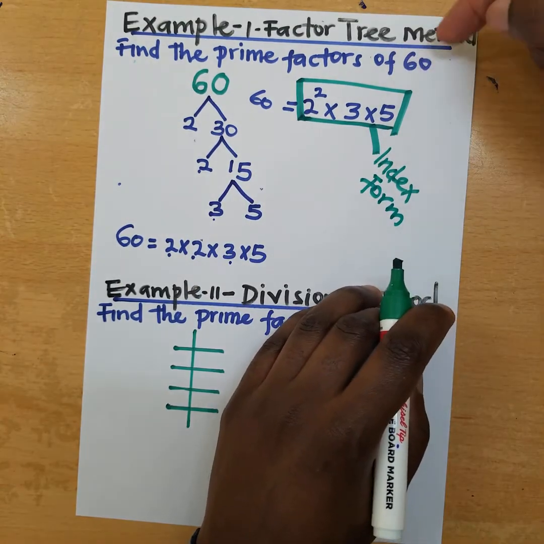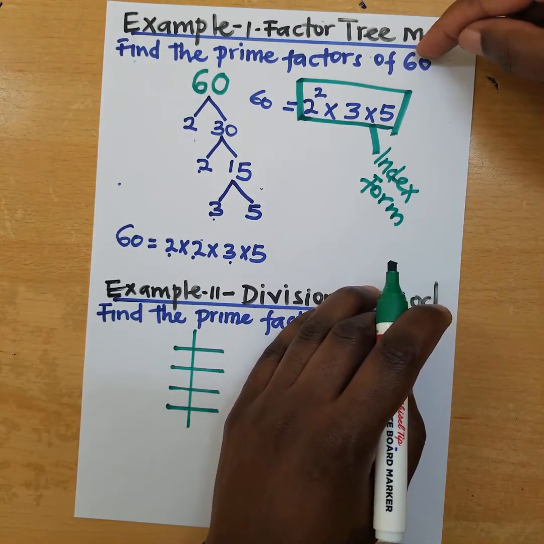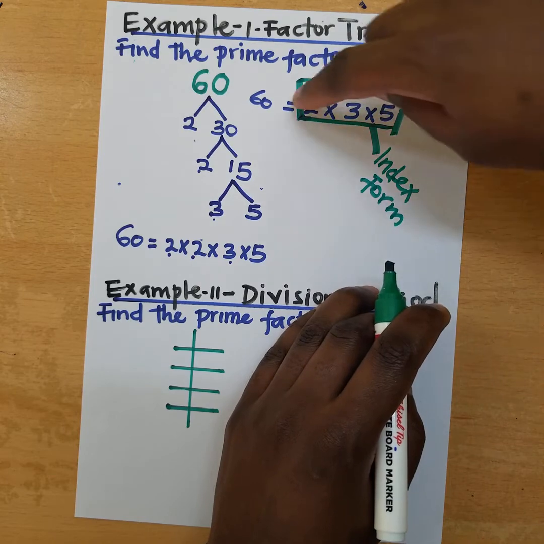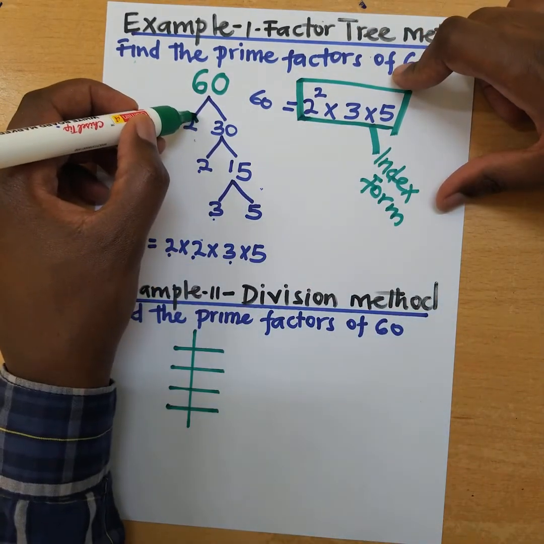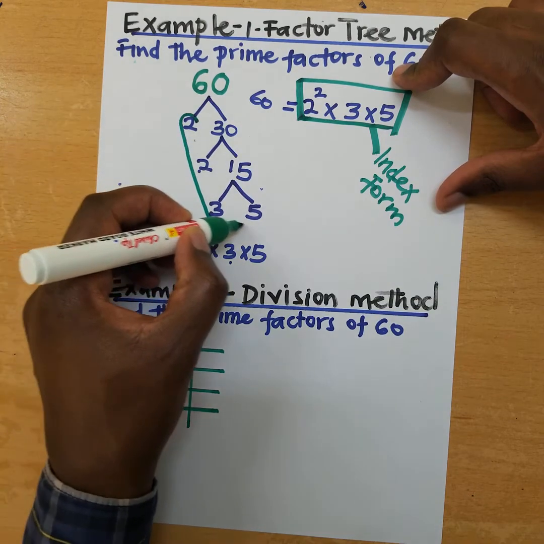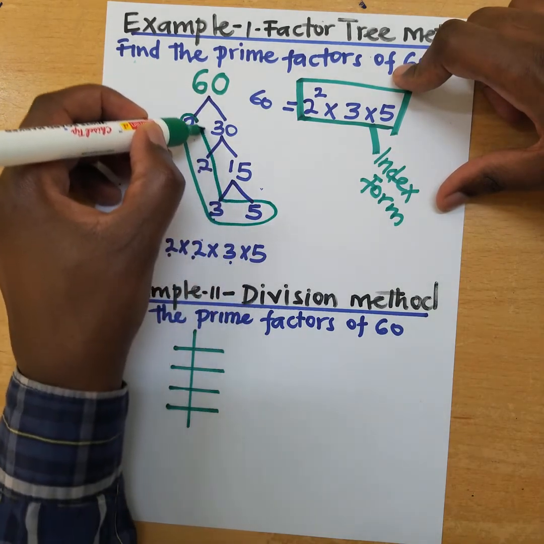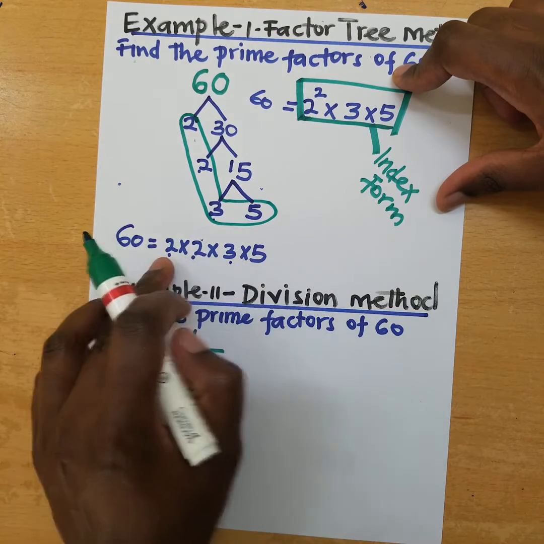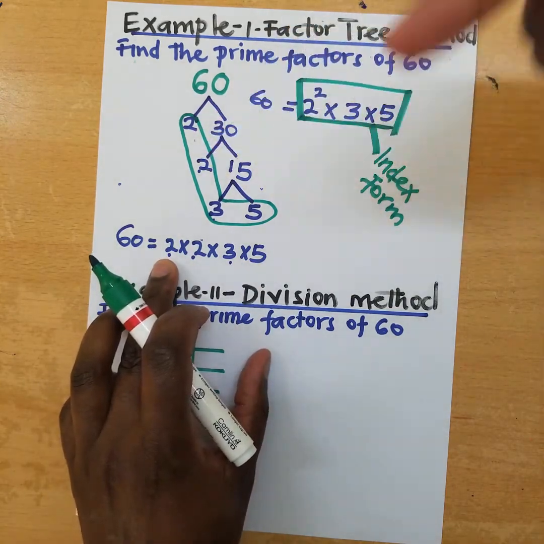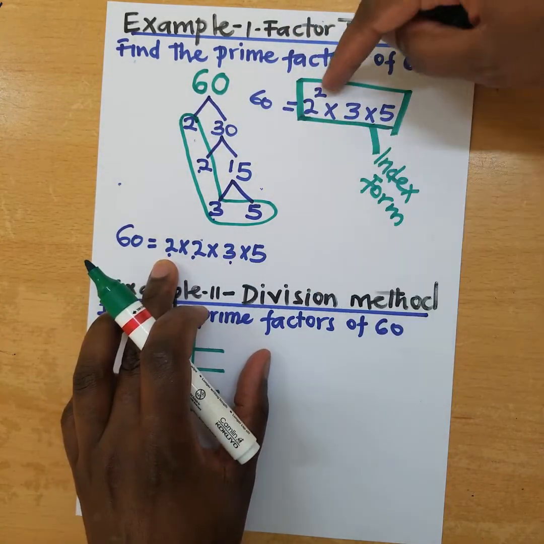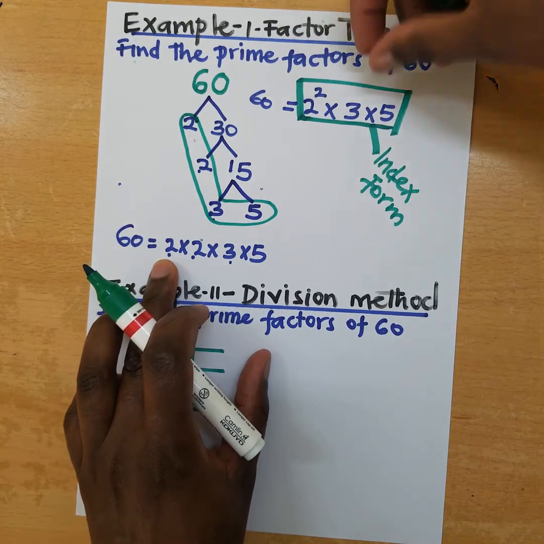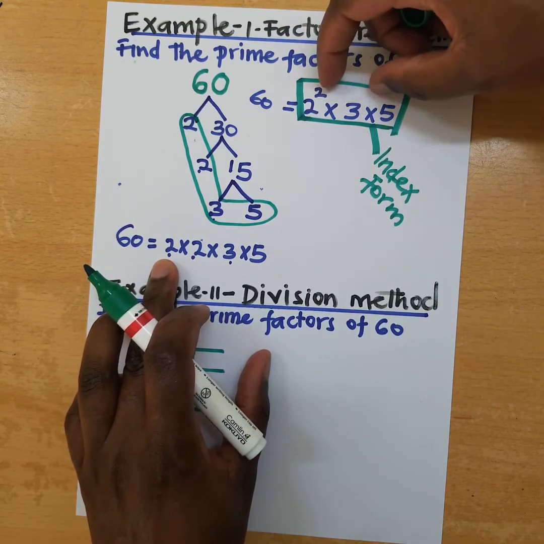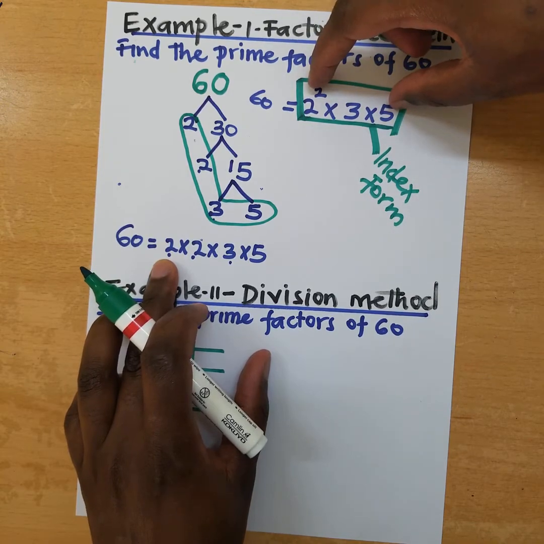Sometimes they might tell you to write 60 in index form. This is what they are trying to tell you. So you get all these numbers and put them here. If some numbers are repeated, like the 2, make it a square, or whatever case it may be. This is what we call the index form.